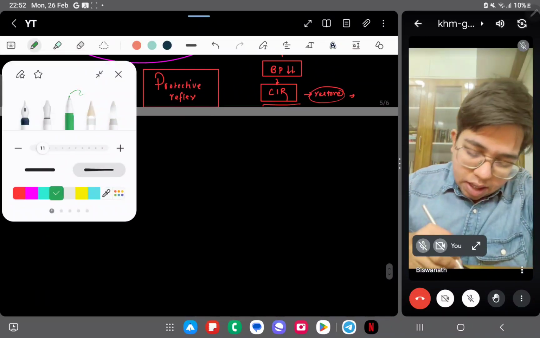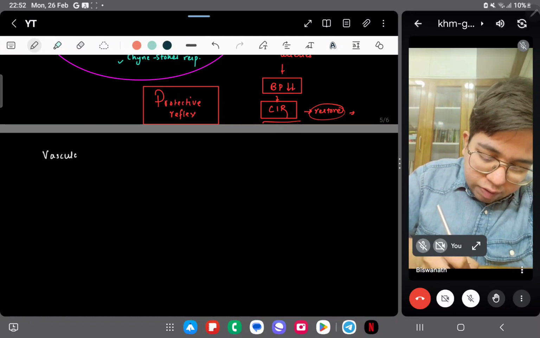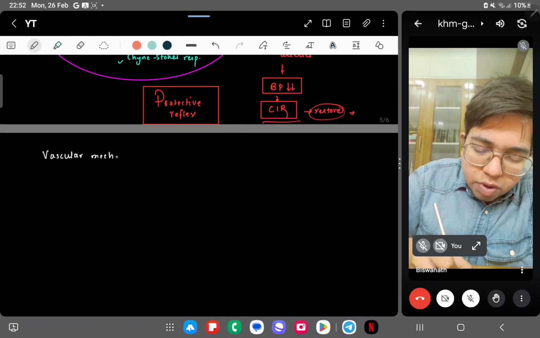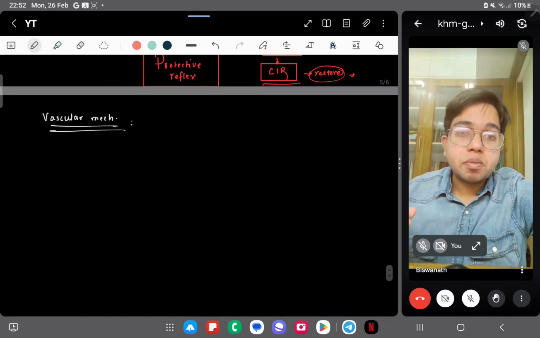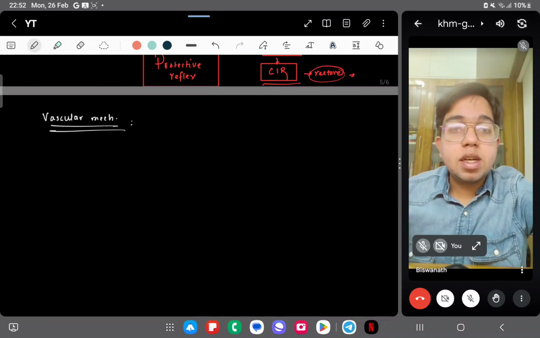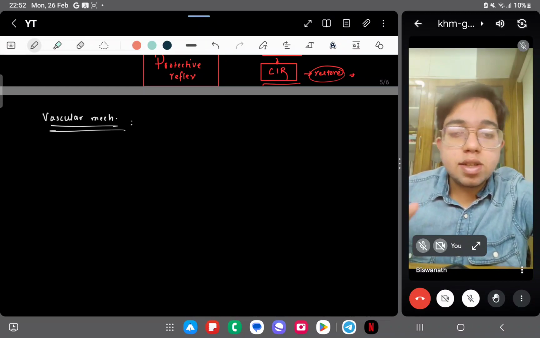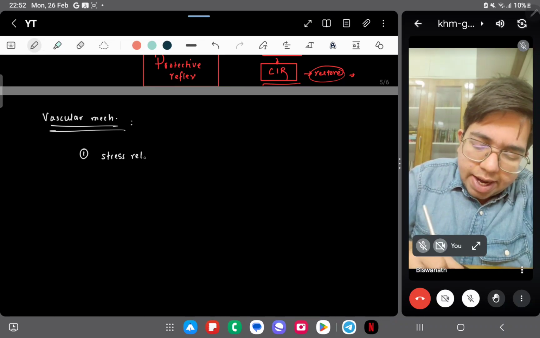Let's discuss another part, which is your vascular mechanisms. So we have some vascular mechanisms, not much important, vascular mechanisms to restore your BP. We have something called the stress relaxation mechanism.